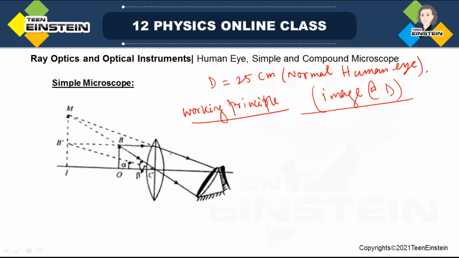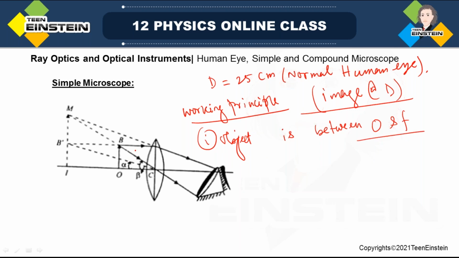In a simple microscope, generally the object is kept between the optical center O and F, the focal length, that means within the focal length.